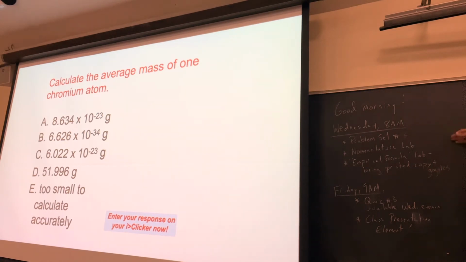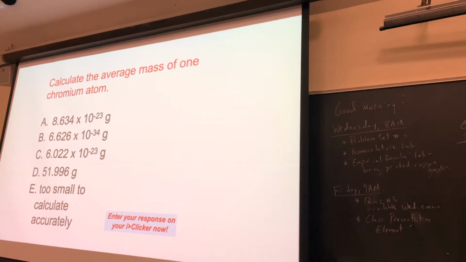51.9961. So if I wrote 51.9961, and I wanted to think about it in terms of molar mass, what would be the units for this 51.996 number? Grams per mole. So this would be grams of chromium in a mole of chromium.